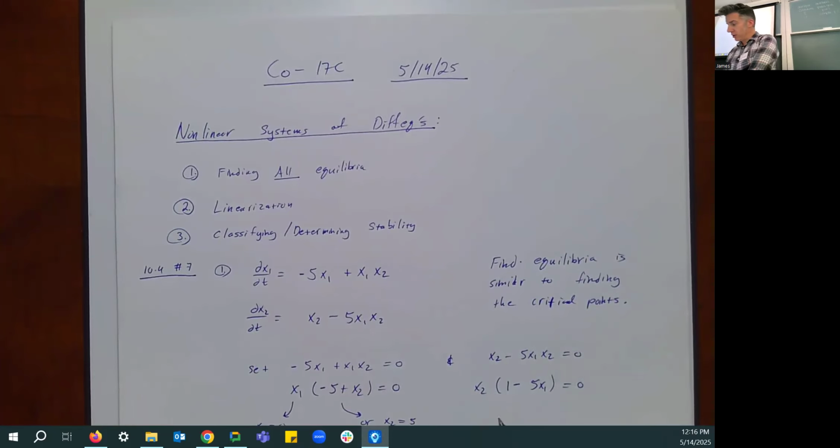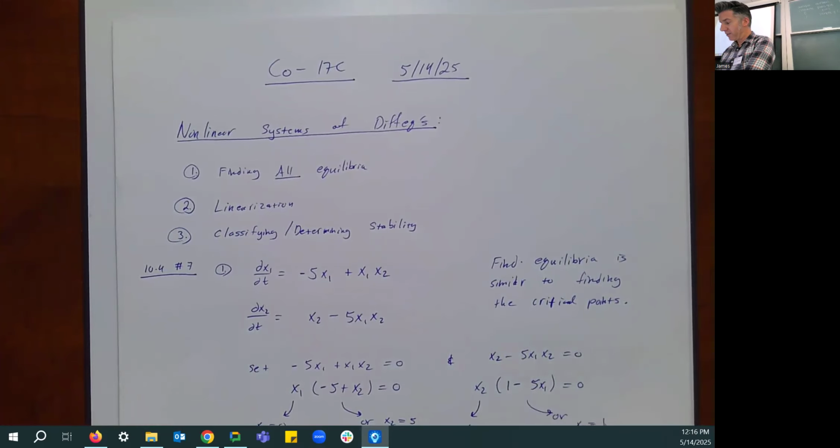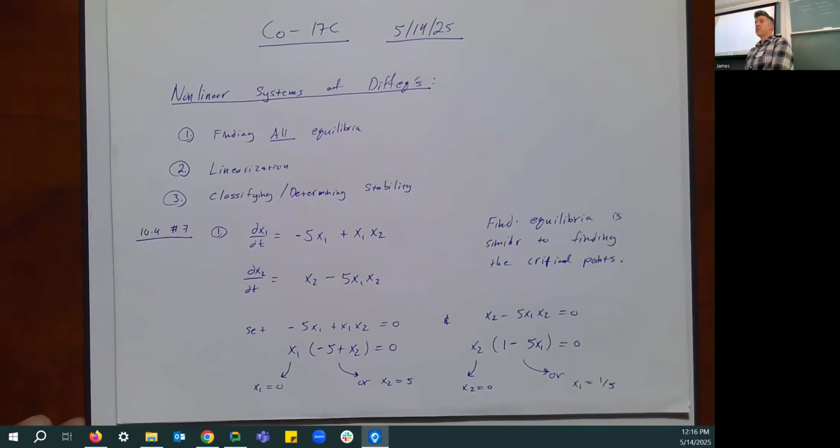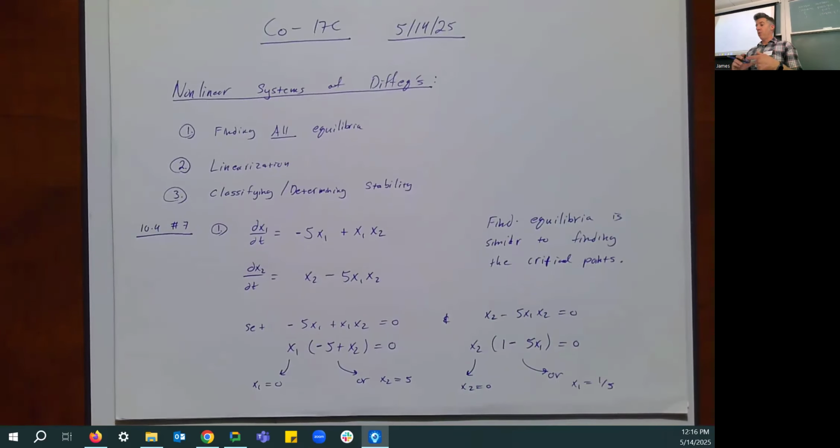In the second equation, we could have either x2 equal to 0 or 1 minus 5 x1 equal to 0, so x1 would have to equal 1/5. But now we have to figure out what the simultaneous solutions are.